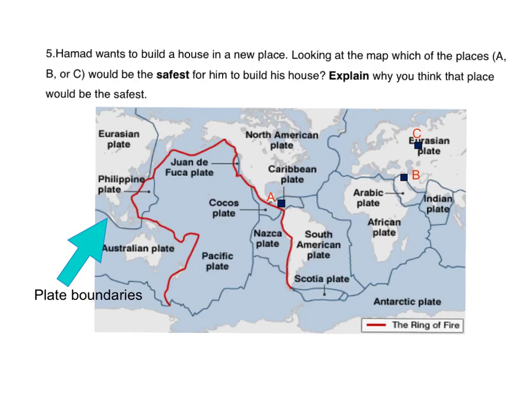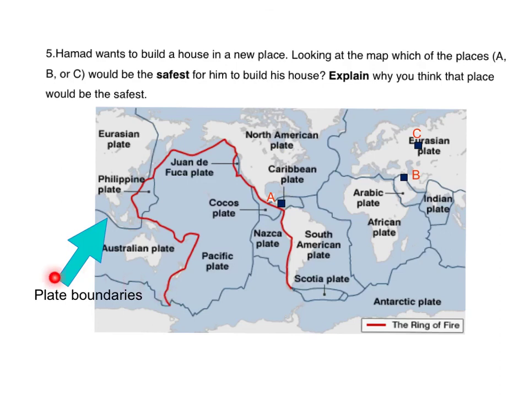So when you read this question, what you needed to realize was that any house that's built near a plate boundary, so on any of these lines, would be a dangerous place to live because there would be earthquakes and volcanoes happening there. So that's what I was looking to hear in your answer.